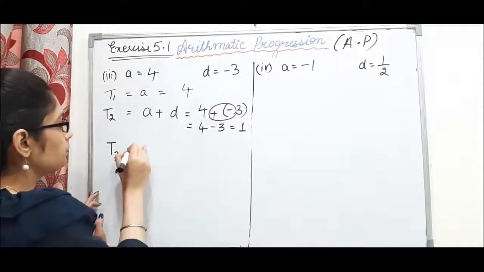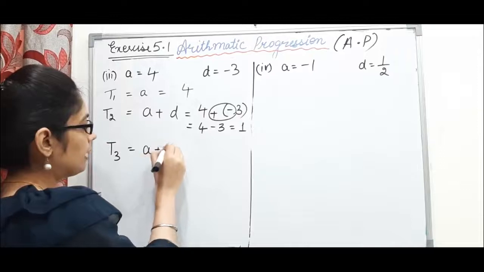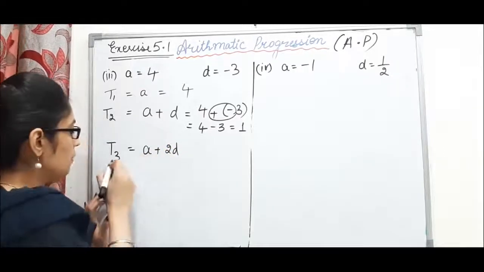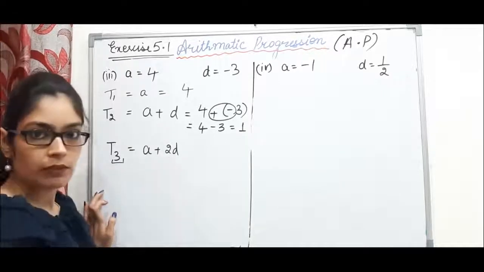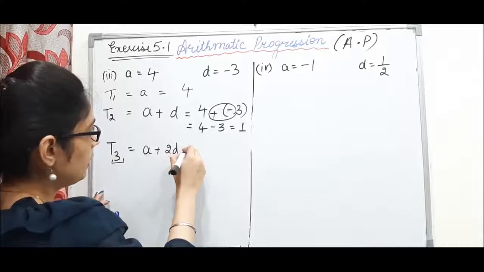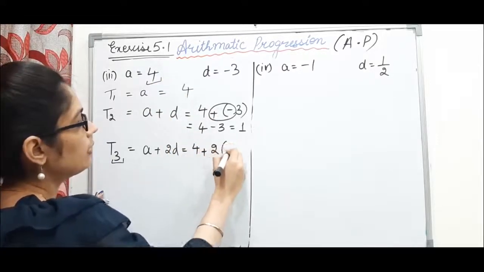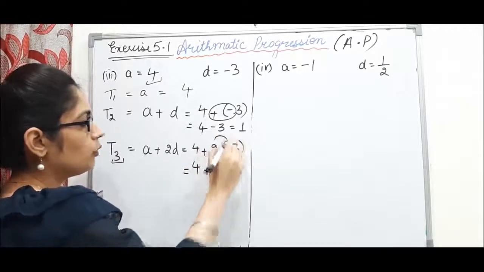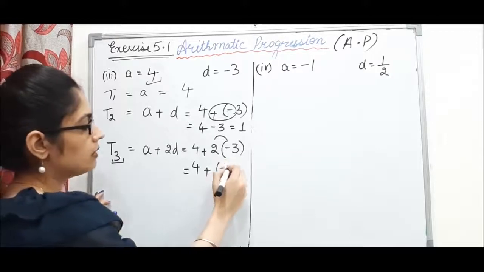The third term is a plus 2d. Like a, we are adding in all of these terms, and d we are multiplying with the previous number of this term. So, for the third term we are multiplying d with 2. A is 4 plus 2 into d, d is minus 3. 4 plus 2 into minus 3: 2 into 3 is 6 and this minus sign we have to write as it is.